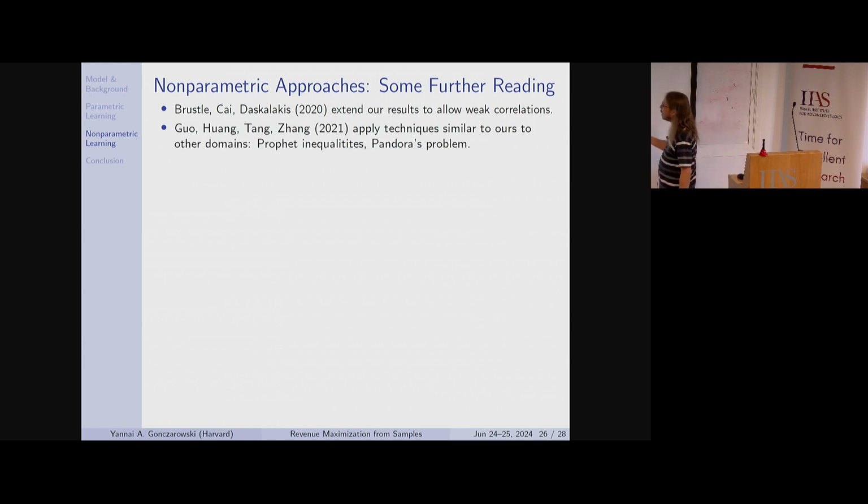Guo et al., from the same authors, I think, as the 2019 paper I talked about yesterday, plus one additional author, apply techniques similar to ours, and they say, well, this trick that I showed you in the proof works not only for auctions, but also for profit inequalities, Pandora's problem, and whatnot.